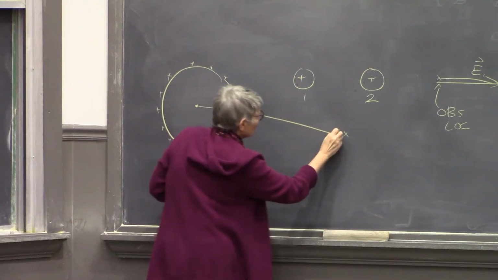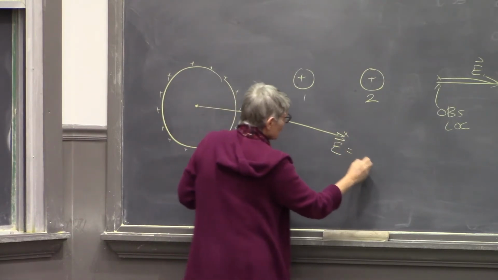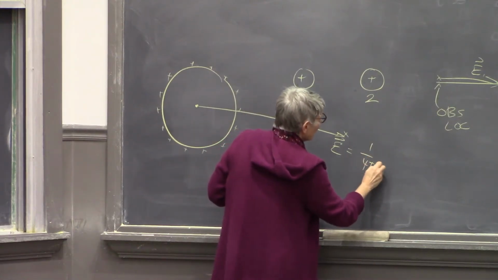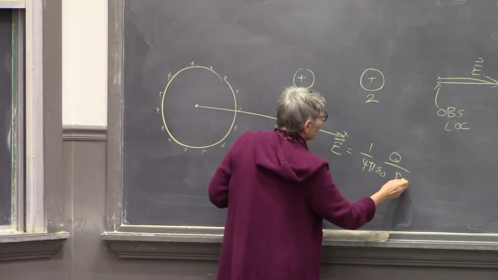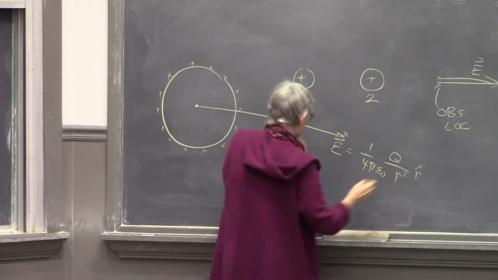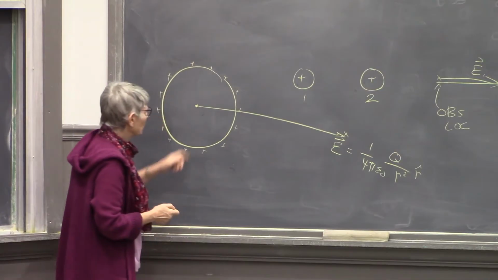So E is 1 over 4 pi epsilon 0, the total charge of the object over r squared, where r is measured from the center.